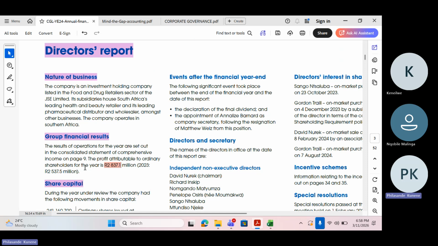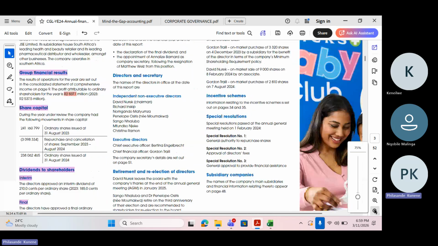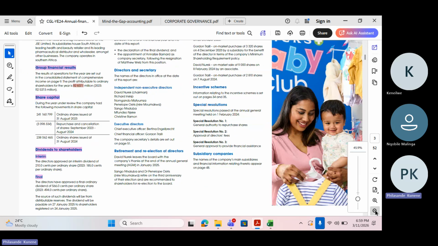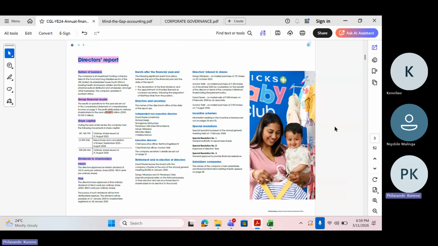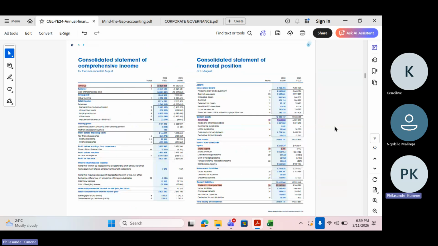So this is the profit they're talking about. So if I go to the financial statements to check that, which is going to be 2,837, I need to find the same thing there. If I go to the income statement, I need to see the same thing there.